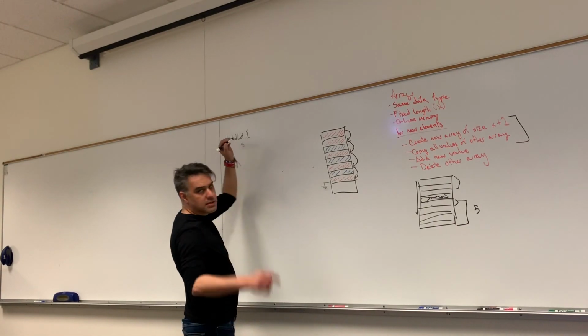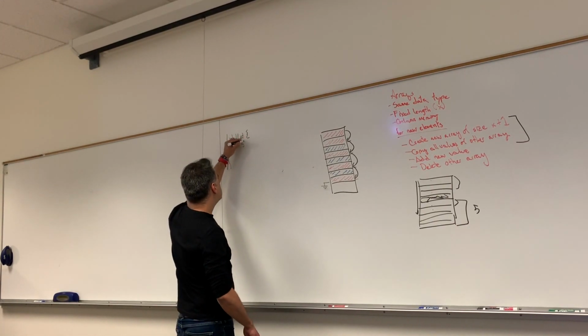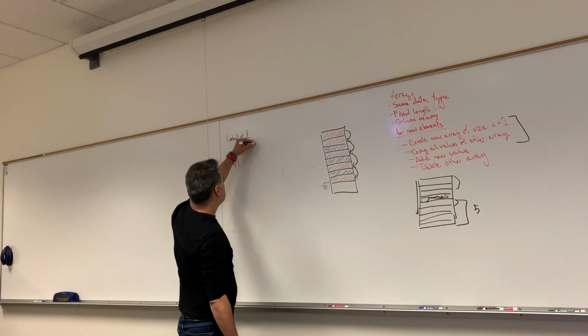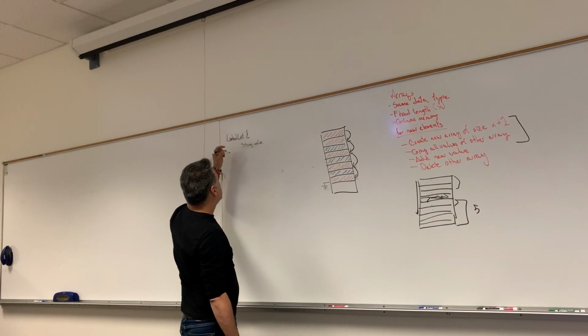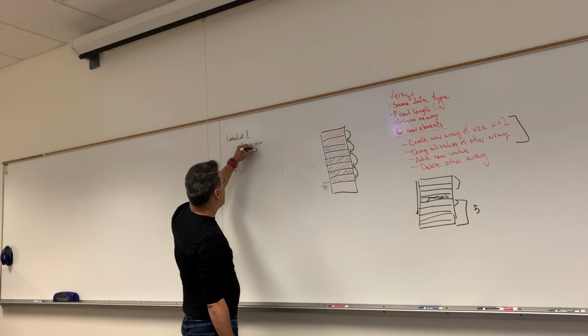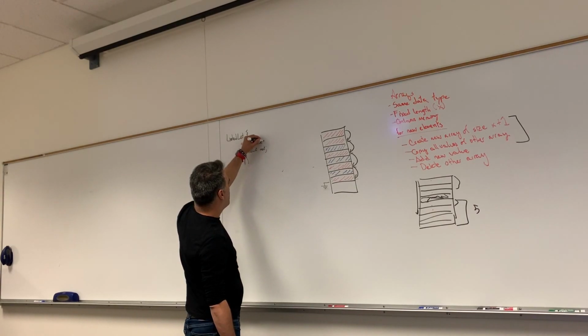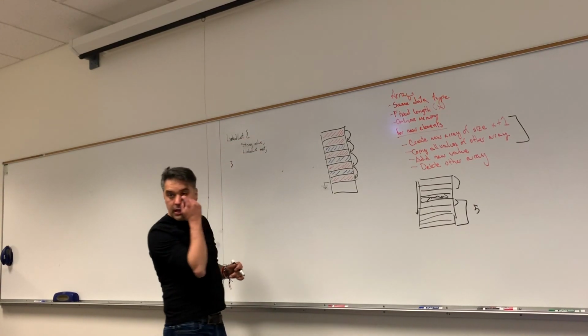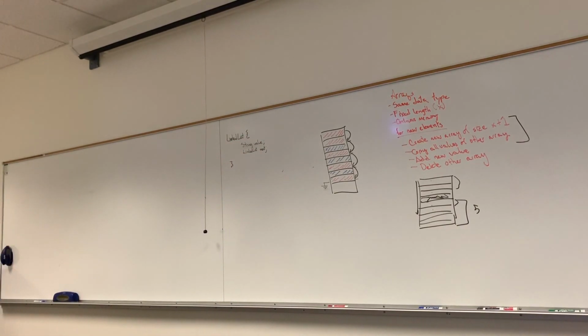It's a list of names. It's a list of all your names. And then a pointer to another linked list object called next. And that's more or less the data structure of a linked list.